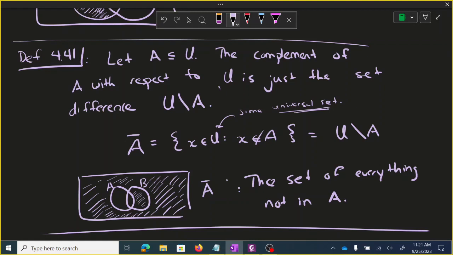So A bar equals x in U, some universal set, such that x is not an element of A. So we have A and B here, and it is basically everything but A. A simpler diagram would just be where you have A as that circle there, and then everything outside of that set A would be A bar. So either one, but if you have more than two sets, again, it's just everything outside of A.